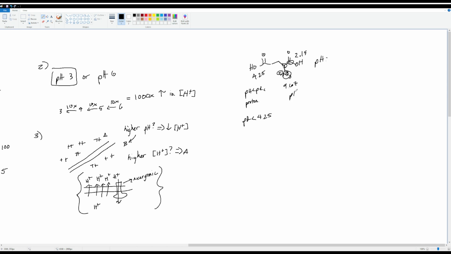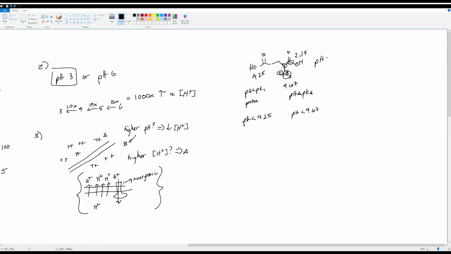Less than. So our pH needs to be less than our pKa. So that means my pH needs to be less than 9.67, which doesn't really help because I already knew that it needs to be less than 4.25. But there's reasons why we go through all of this.